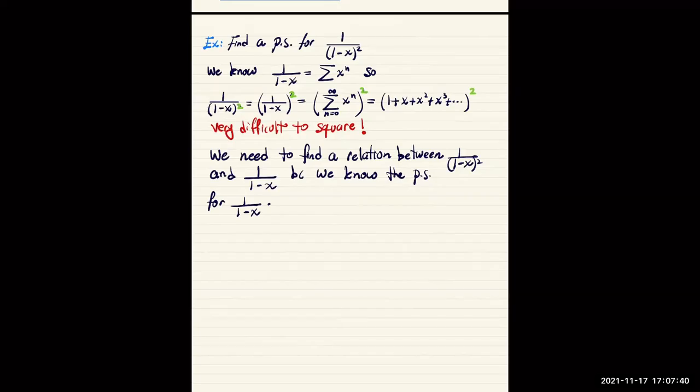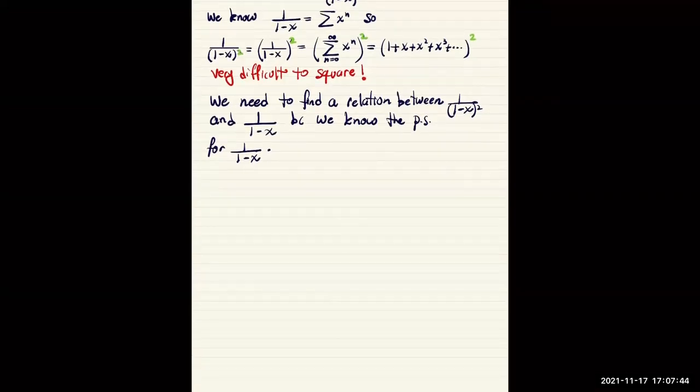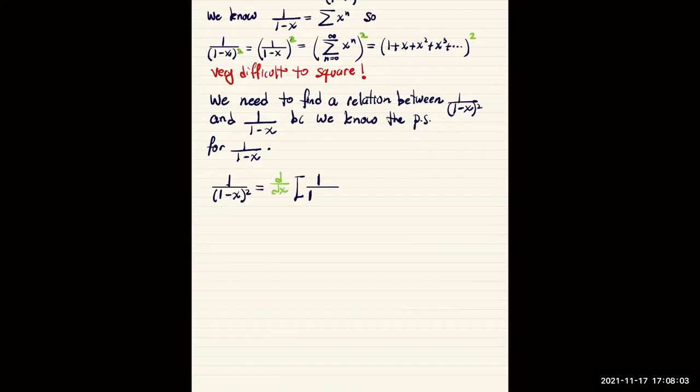You can use the chain rule, power rule, whatever you want. The function that we are interested in, 1/(1 minus x) squared, is d/dx of 1/(1 minus x), the parent function whose power series we know.